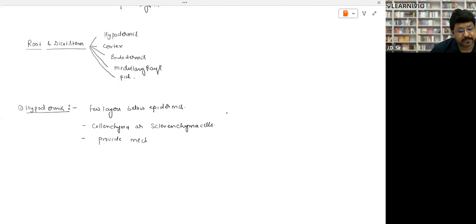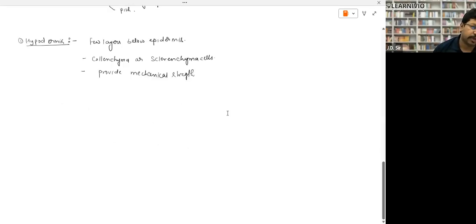They provide mechanical strength to the plant.